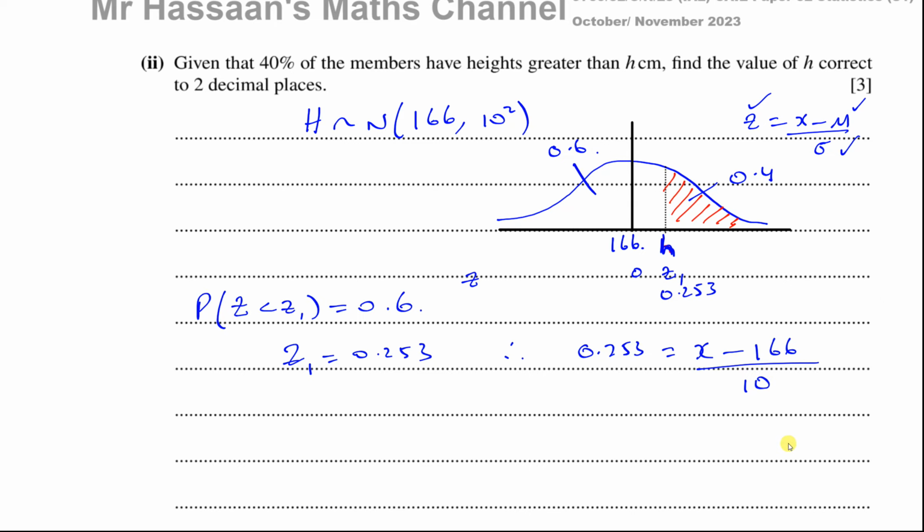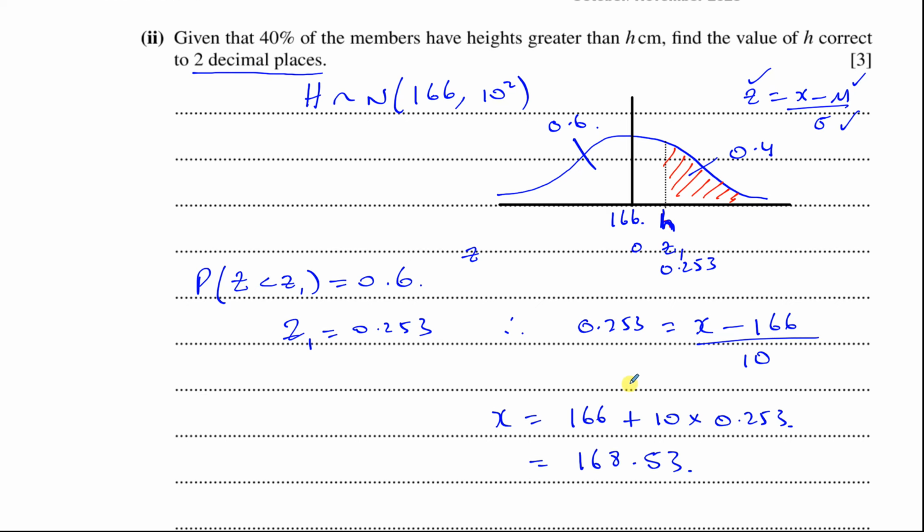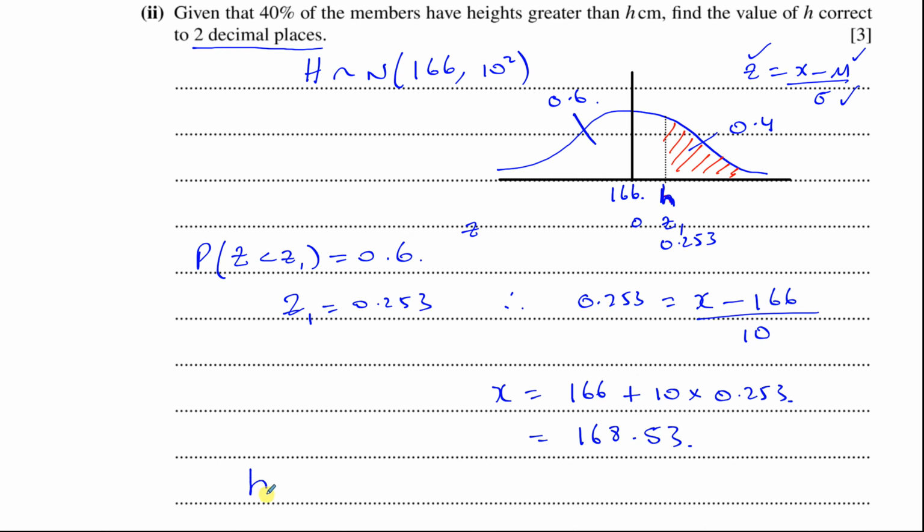So I just simply have to multiply this by 10 and add 166. So x is equal to 166 plus 10 times 0.253. So that's going to be basically 168.53. And it says correct to 2 decimal places. So there we have the answer. So we can say that H is equal to, you can call this H from here actually.